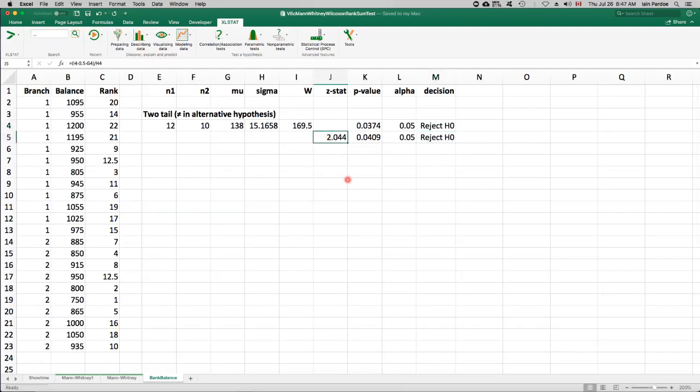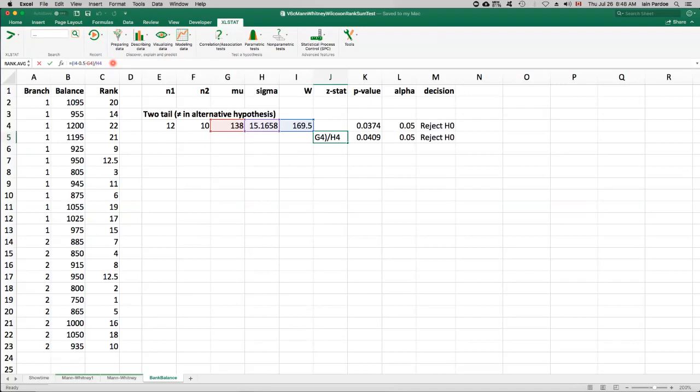So we can actually calculate this by hand if we're unable to use software to do the exact p-value. So for the hand calculation, we calculate a Z statistic. So it's the sum of the ranks for sample 1, 169.5, and we'll employ a continuity correction here because we're approximating a discrete distribution with a continuous one.